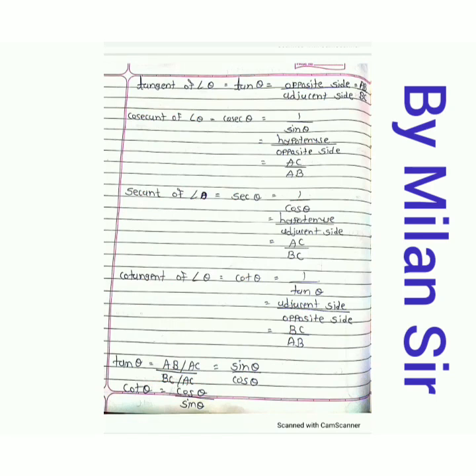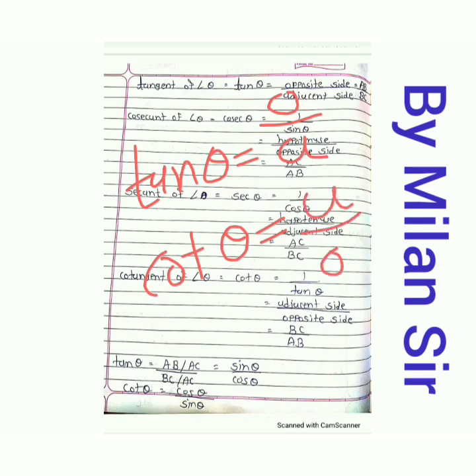Then tan theta is equal to opposite upon adjacent, right? And cot theta is inverse of tan theta. So cot theta is equal to adjacent upon opposite. Change the numerator and denominator.